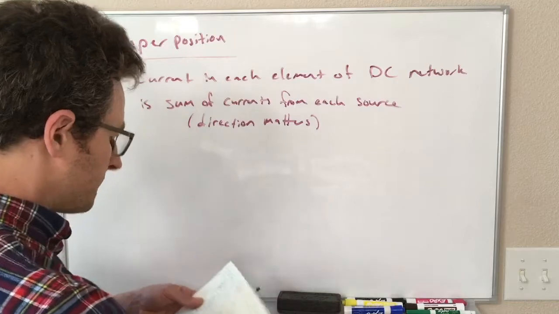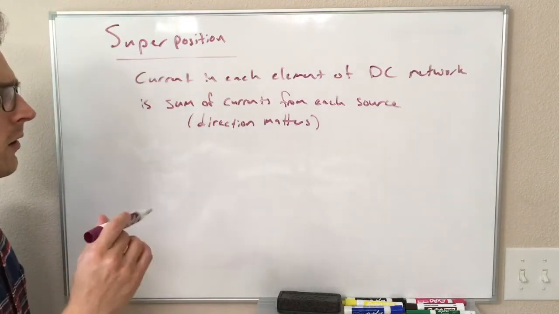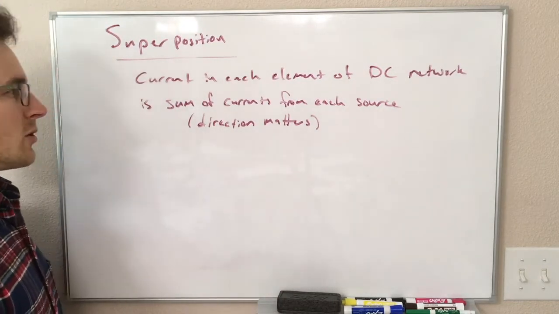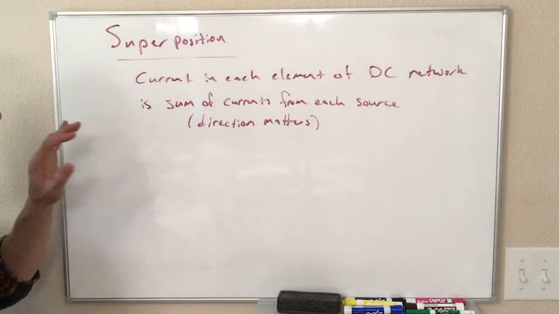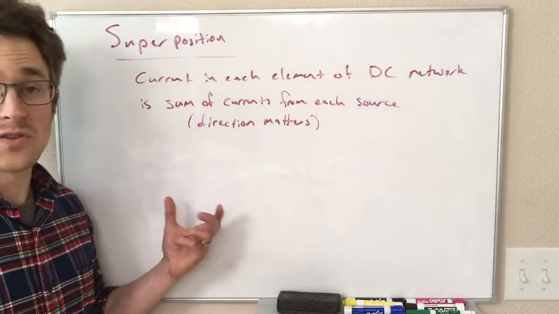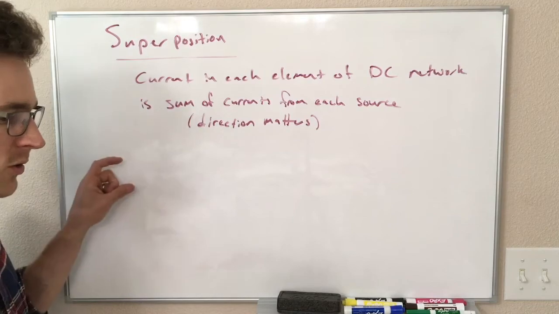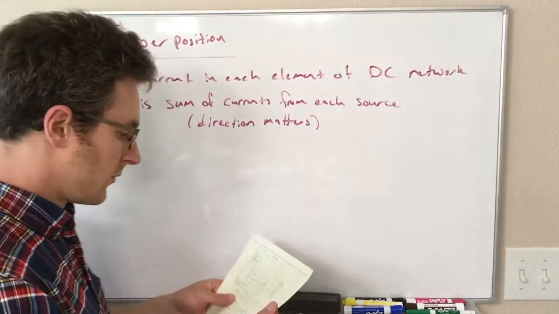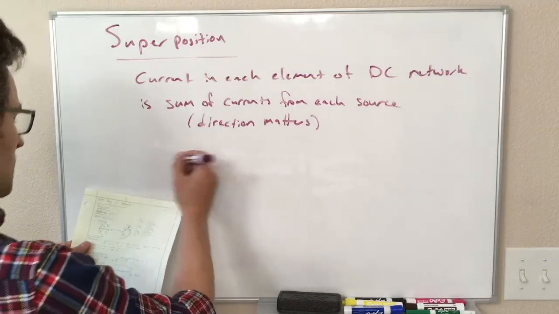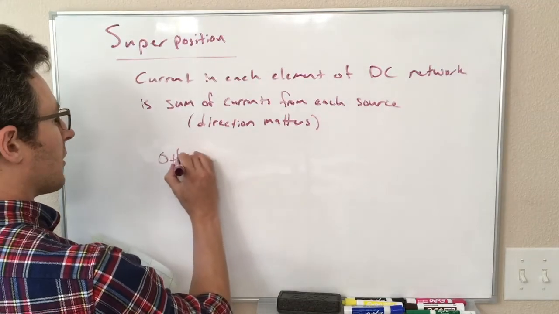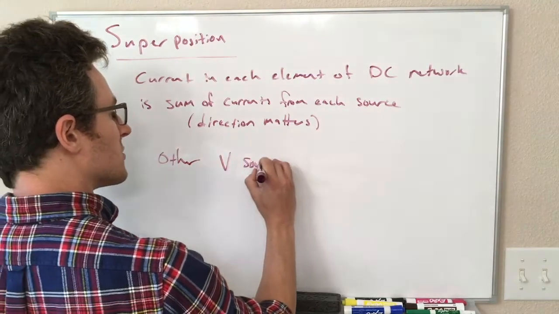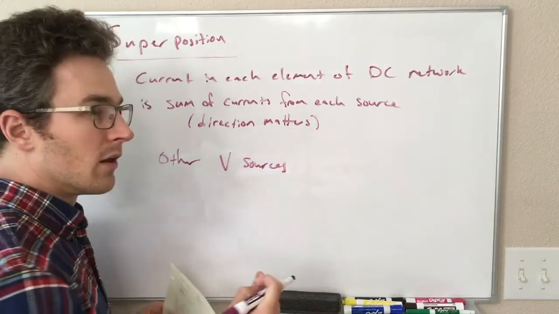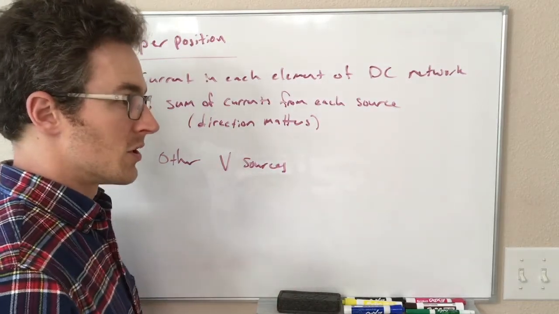That can happen. So the rule to apply when we're doing this is, what do we do with the other sources? If we're looking at the effect of just one source, how do we treat the other sources in our network? If there are other voltage sources, we want that voltage source to not be doing anything.